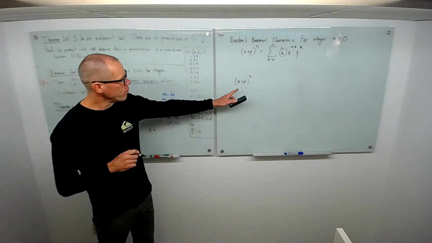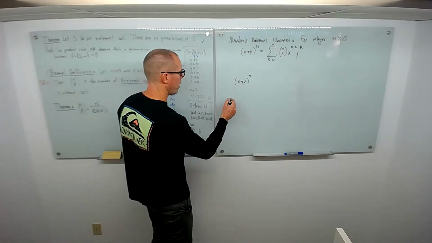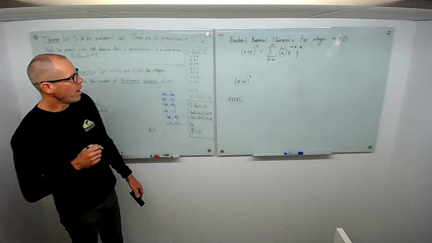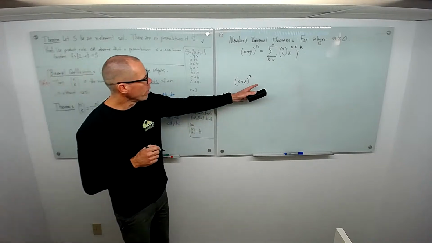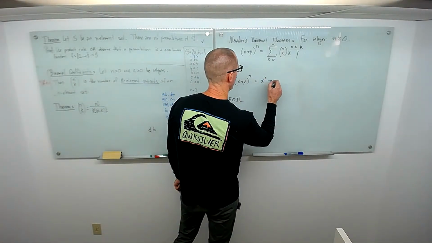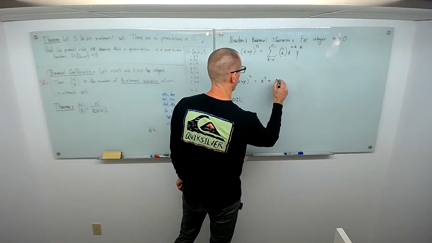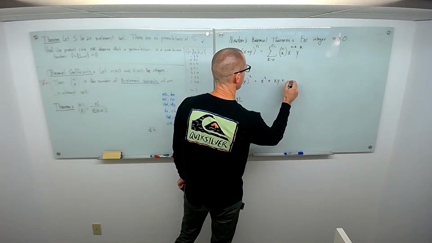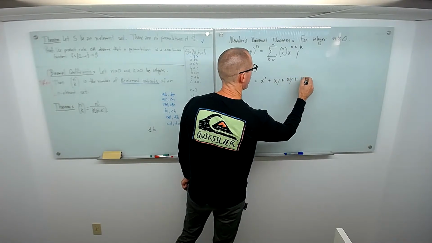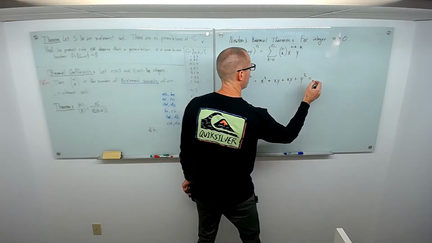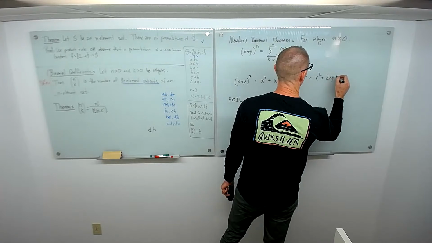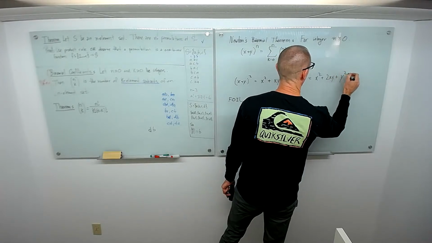And you remember there's this rule, at least when I studied it, it was called the FOIL rule, that when you want to write out all the terms of this, you want to expand it, you get an x squared, you get an xy, you get another xy, and you get a y squared, and that's x squared plus 2xy plus y squared.